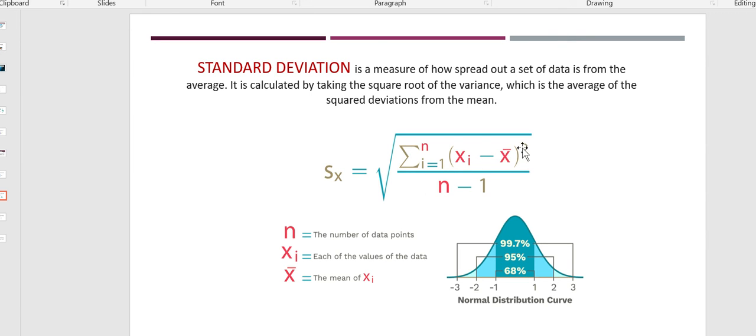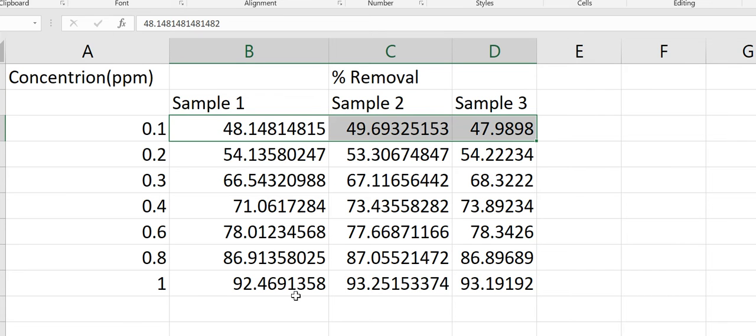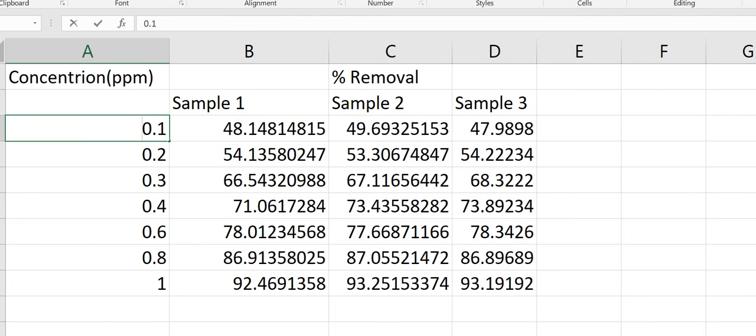After that, you need to divide that answer by n minus 1. So what is n here? N is the number of data points. For example, here in this sheet, how many data points are there? It is 1, 2, 3, 4, 5, 6 and 7.